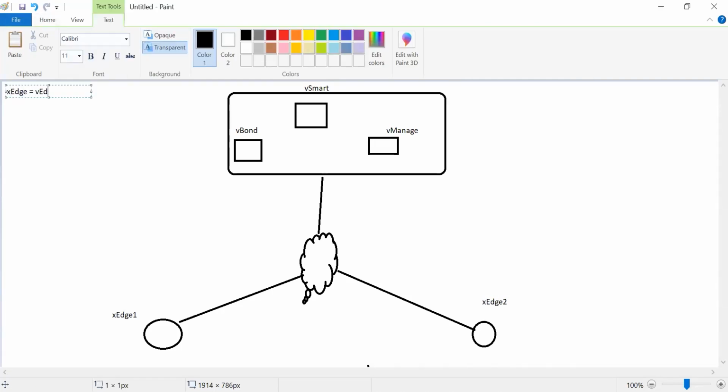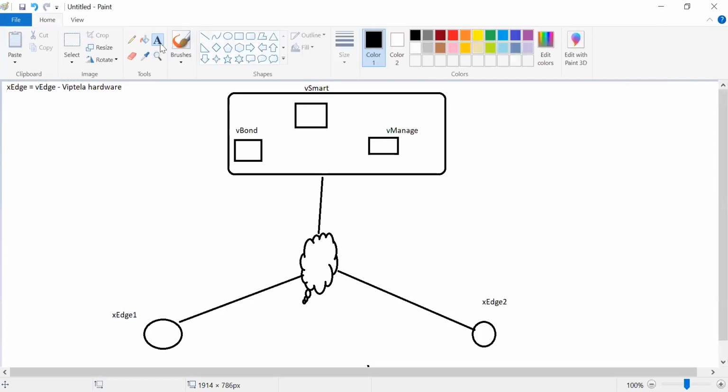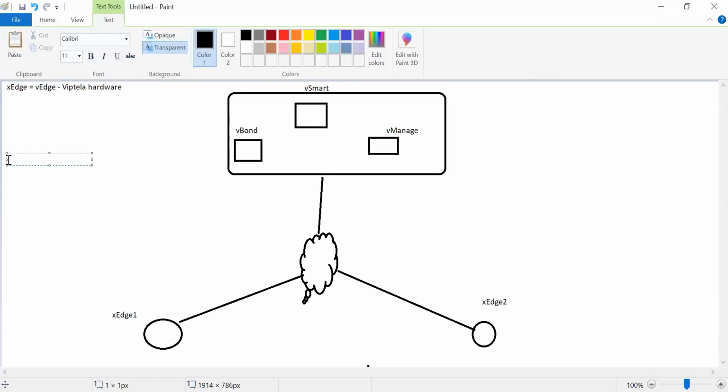It may be V edge, which is the Viptela hardware. And if you are not clear why it is sometimes called Viptela and sometimes Cisco hardware or Cisco Viptela, earlier this Cisco Viptela solution, this technology, was invented by the company Viptela. Then this company was taken over by Cisco.